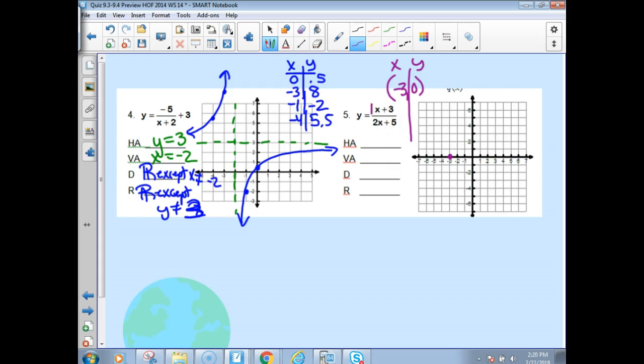So that means I'm going to do leading coefficient over leading coefficient. So that's going to give me y equals 1/2. And then the denominator gives me the vertical asymptote. So I have to set that to 0. That's going to be -5/2, which would be -2.5. You can write it as a decimal. I'm going to put these asymptotes in.